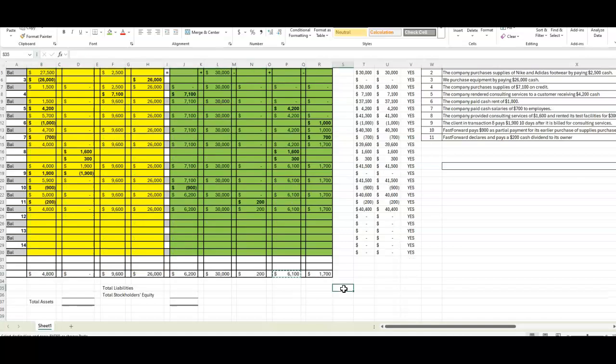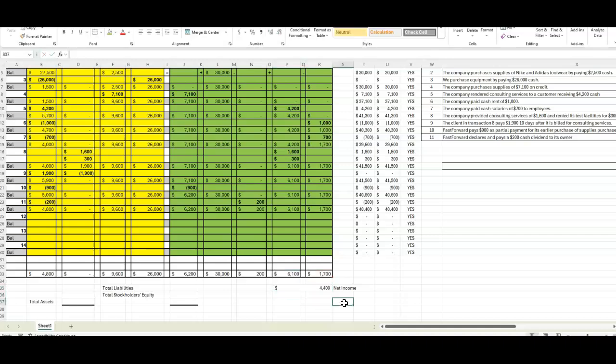So net income, oops, sorry, I should have done that differently. Revenues minus expenses, my net income appears to be $4,400. $6,100 minus $1,700.